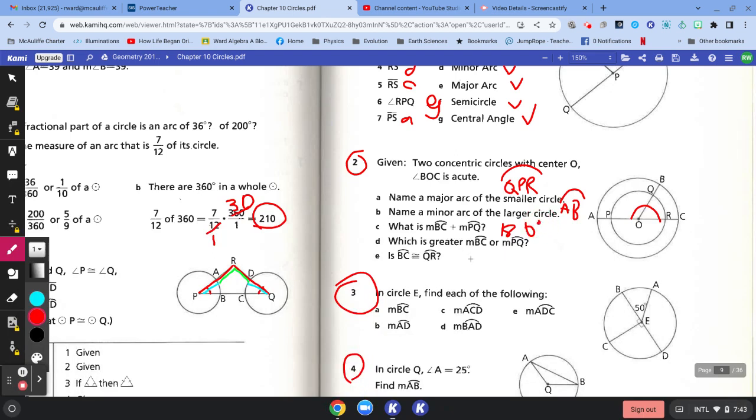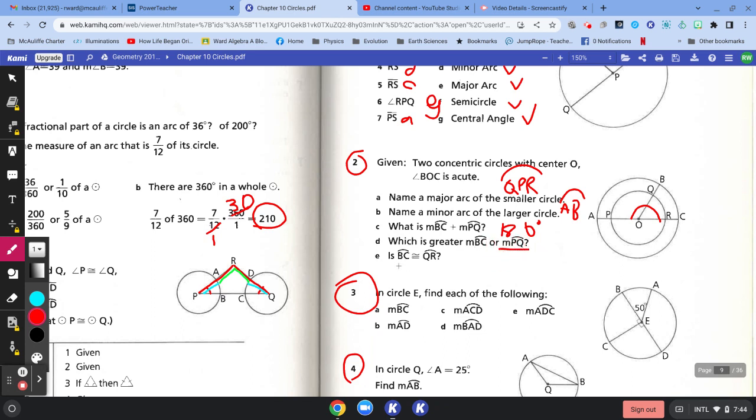And then which is greater, arc BC or arc PQ? The measure of arc PQ is going to be greater in degrees because it is more than 90 degrees, so it's obtuse. And BC is acute, it's less than 90 degrees. So we would say PQ is greater.